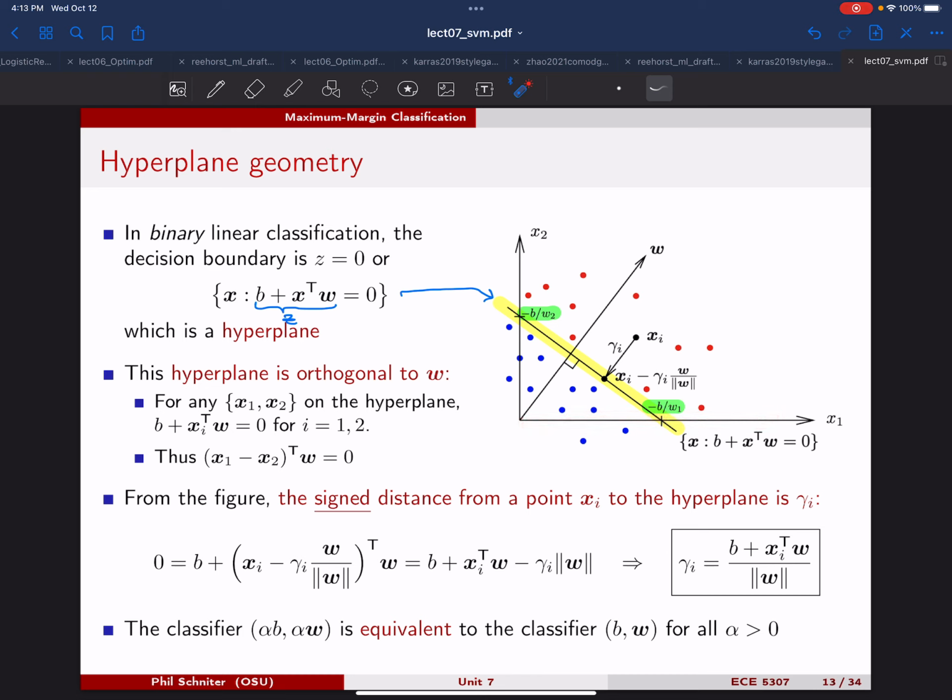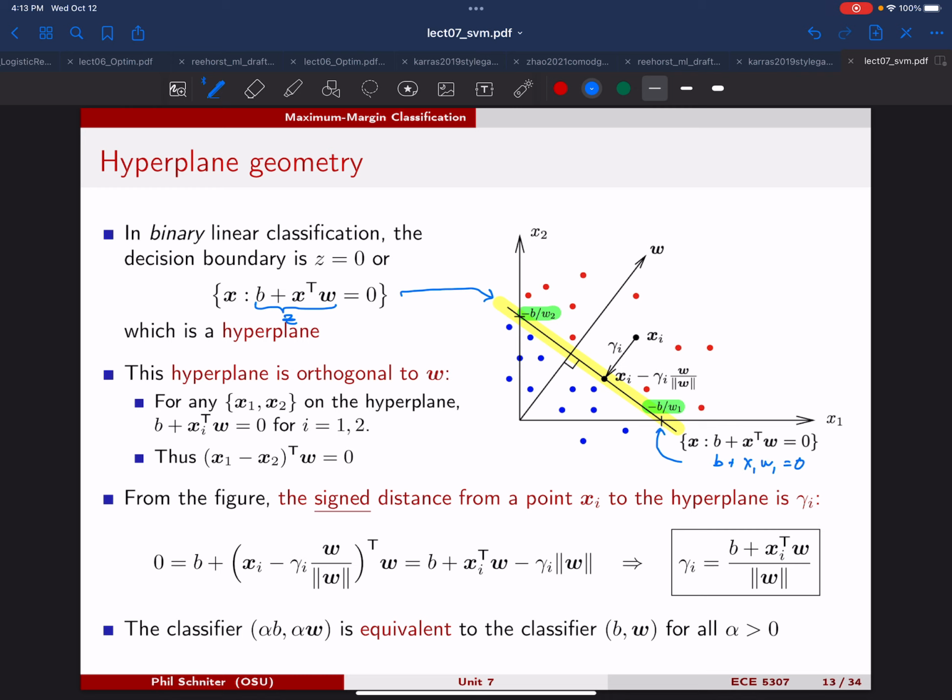If we want to know where this boundary crosses that axis, we look at this equation, but set all the other x's equal to 0, at which point this becomes b plus x1 w1 equals 0, if I'm looking at this point right here along the x1 axis.